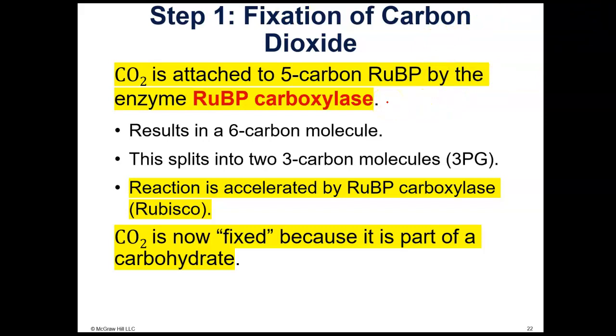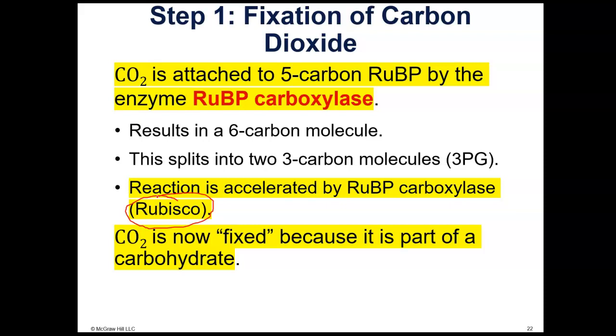The enzyme that catalyzes this reaction is RuBP carboxylase, or more commonly known as Rubisco. Now, so you will understand how important this enzyme is, this enzyme Rubisco is the most abundant enzyme of all the enzymes that there are.